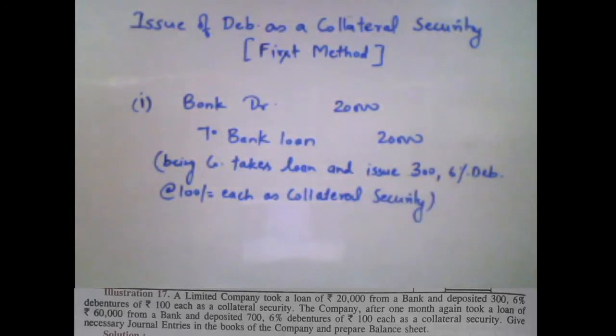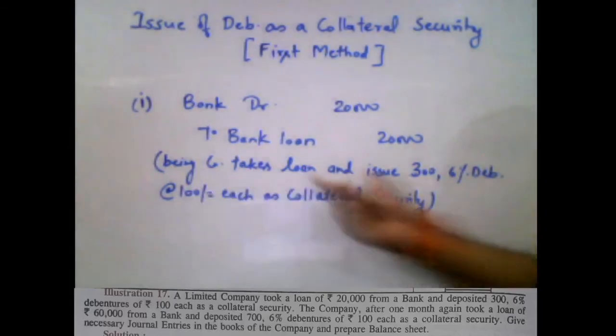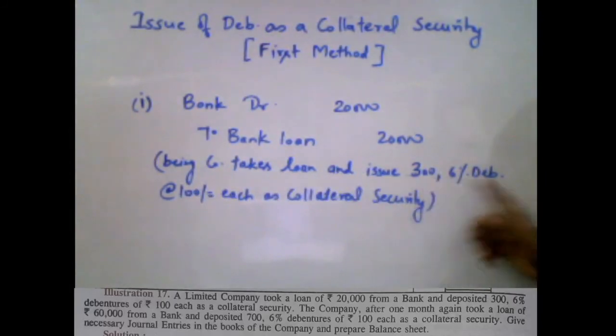So you can see that the first entry is related to the loan taken for the first time by the company. So the first time the company took a loan and issued 300 6% debentures as a collateral security.